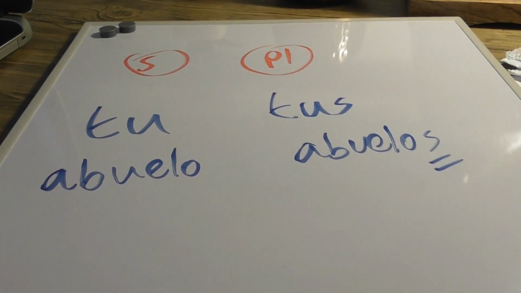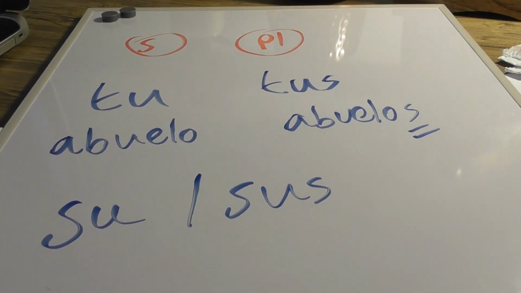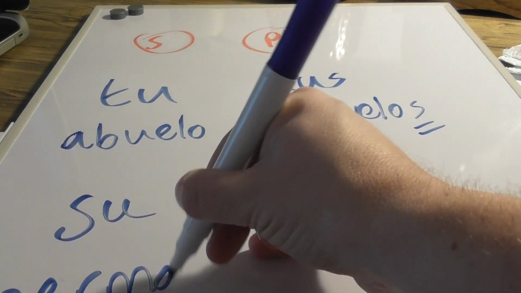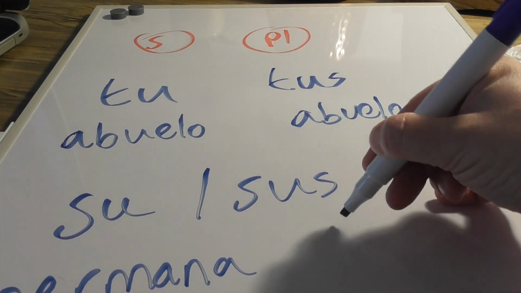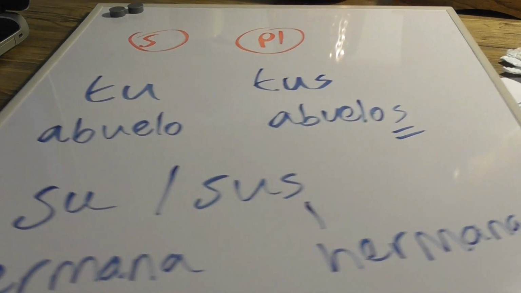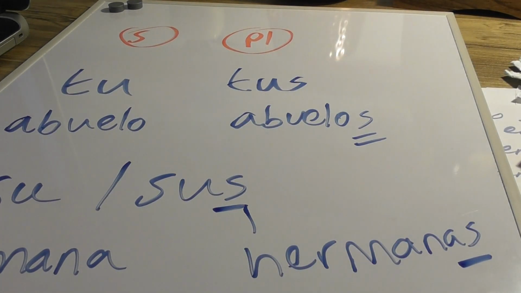You would do exactly the same thing with his and her, which is su or sus. So his sister, quite simply, would be su hermana. His sisters, sus hermanas. Hermanas, okay? So you've got your plural agreement. It's as simple as that.